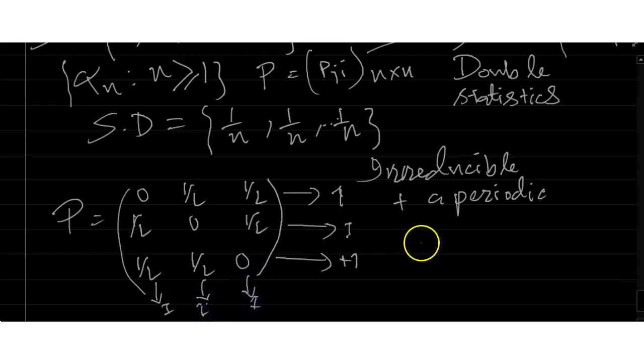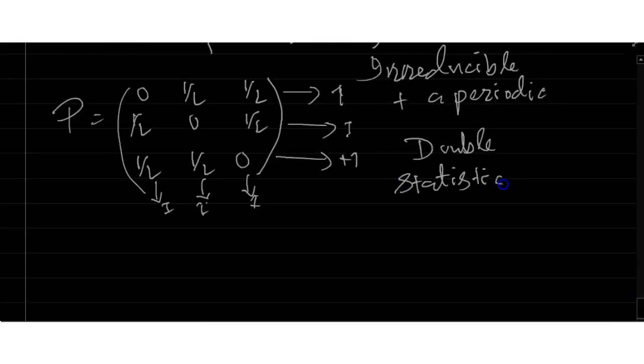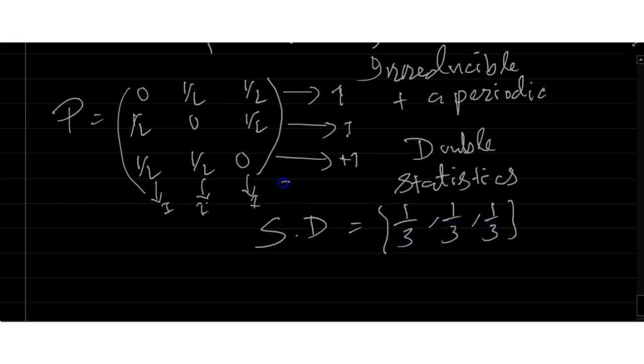So it is doubly stochastic. So you can get the stationary distribution 1 by 3 because it is a 3 cross 3 matrix.